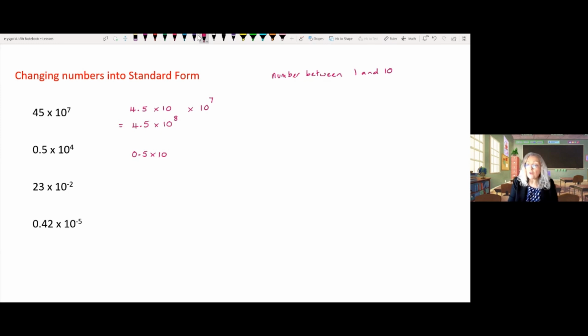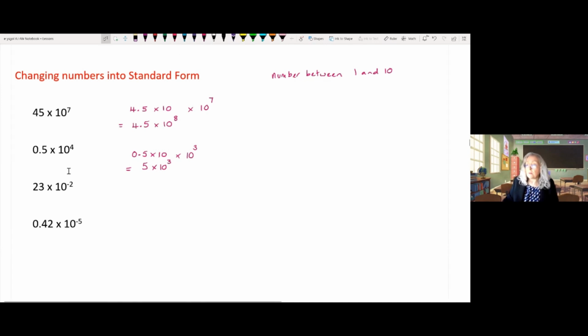So I need to multiply 0.5 by 10. So I'm going to take one of these 10s here and write it here, which means I've still got 3 of them left. So I'm rewriting this time 10 to the power of 4 as 10 multiplied by 10 to the power of 3. Now 0.5 multiplied by 10 is 5 multiplied by 10 to the power of 3.